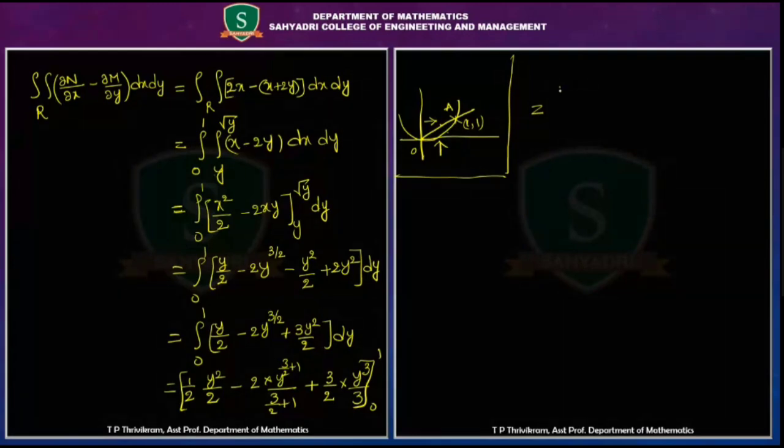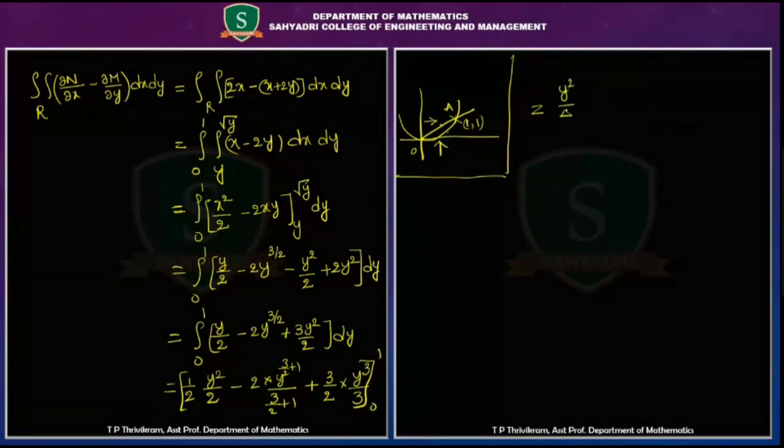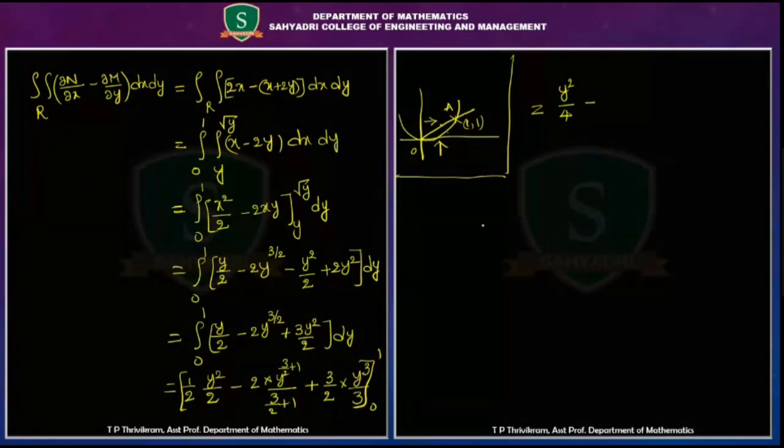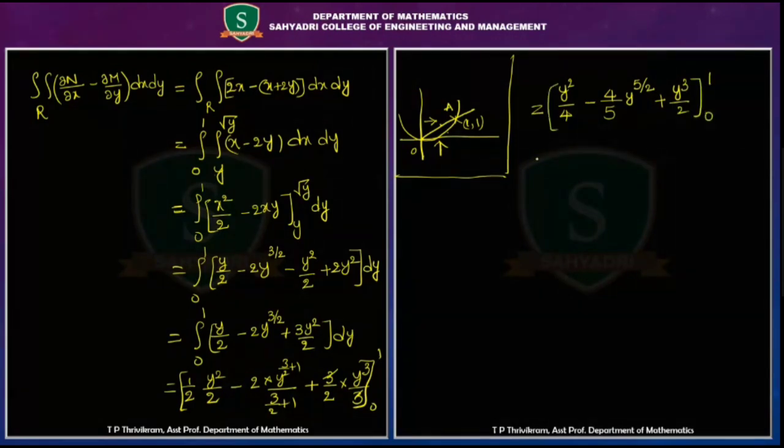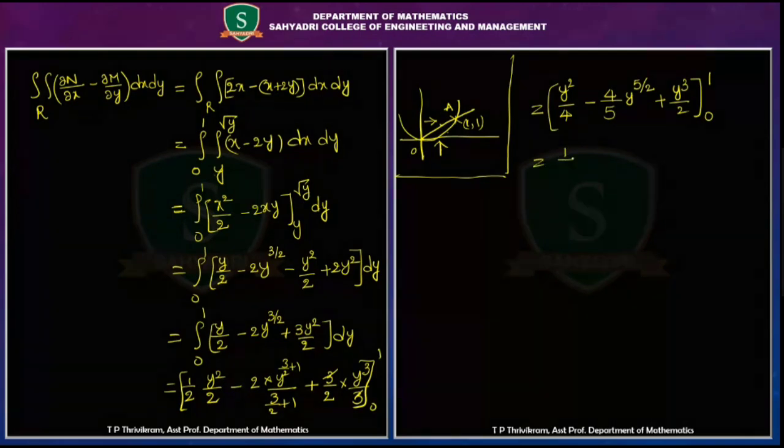So y square by 4 you'll get minus here 5 by 2 you'll get. If you take reverse in the second term, so you'll get 4 by 5 y power 5 by 2 plus 3 by 2, that means here 3 get cancelled, y cube by 2. Here the limits range from 0 to 1. So apply the limits 1. So 1 square is 1.